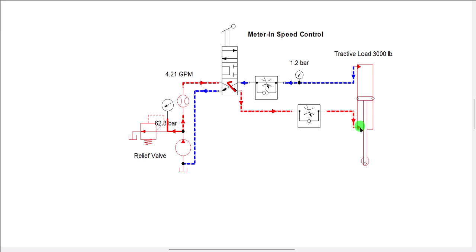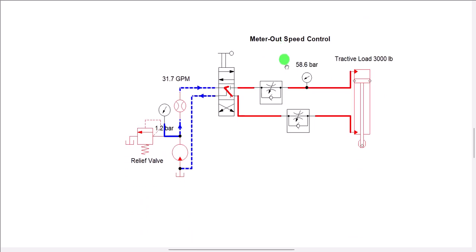This motion is against the effect of gravity, and as a result, it doesn't cause the load to run too fast, so there's no chance of cavitation or any physical damage. So retraction is fine. However, during extension, as we have seen, bad things can happen. So meter in connections are not usually recommended for tractive load. So let's have a look at meter out connection now.